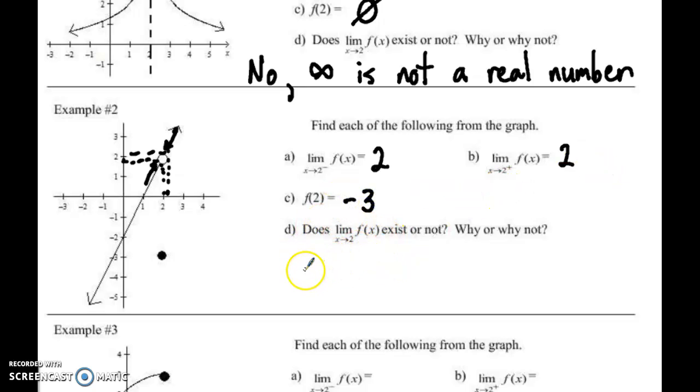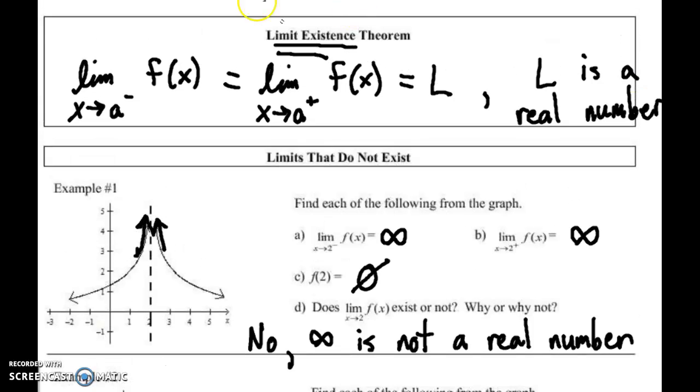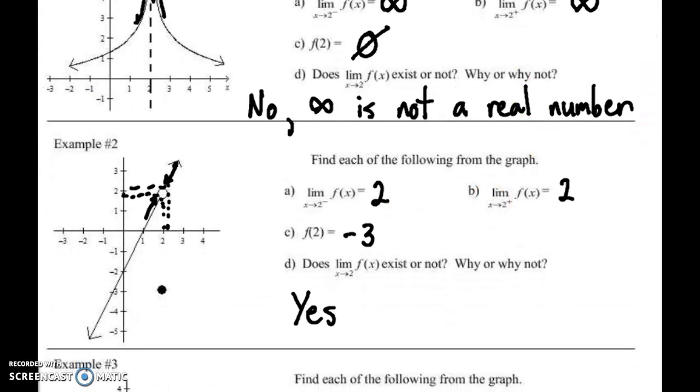Does the limit exist? Yes, it does. Because if you go back to my definition, all it said is that in order for the limit to exist, the limit from the left side has to equal the limit from the right side, and it's a real number. So let me circle what I'm talking about. The left side equals 2, the right side equals 2, so since they're the same thing, we can say yes.